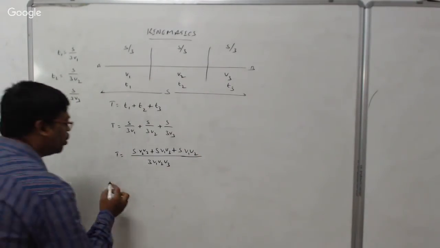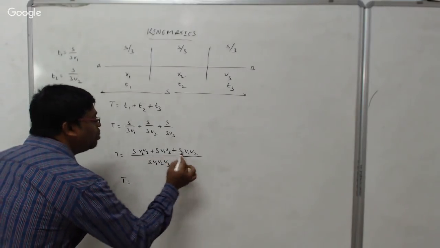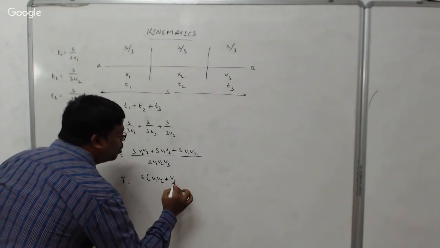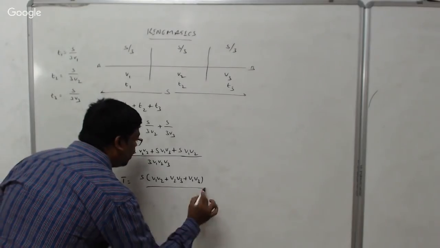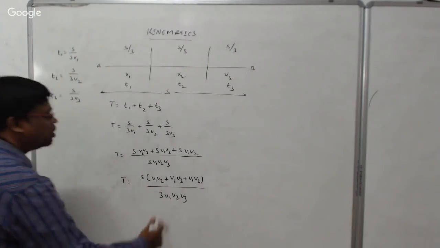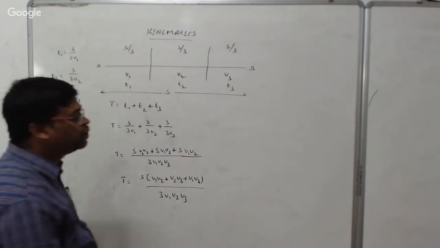Understood? Now we got total time. Our total time is equal to S can be taken common here. S into V1 V2 plus V2 V3 plus V1 V3 by 3 V1 V2 V3. This is the time. Now you know total distance and total time.